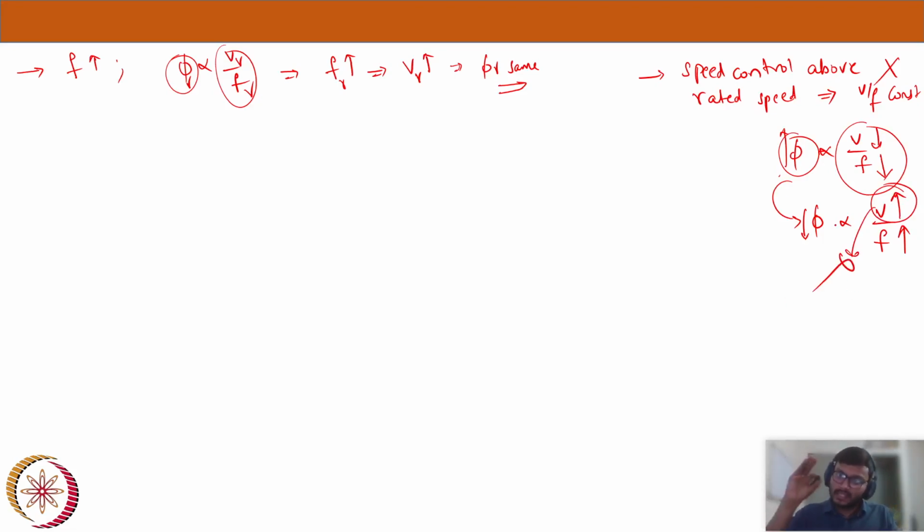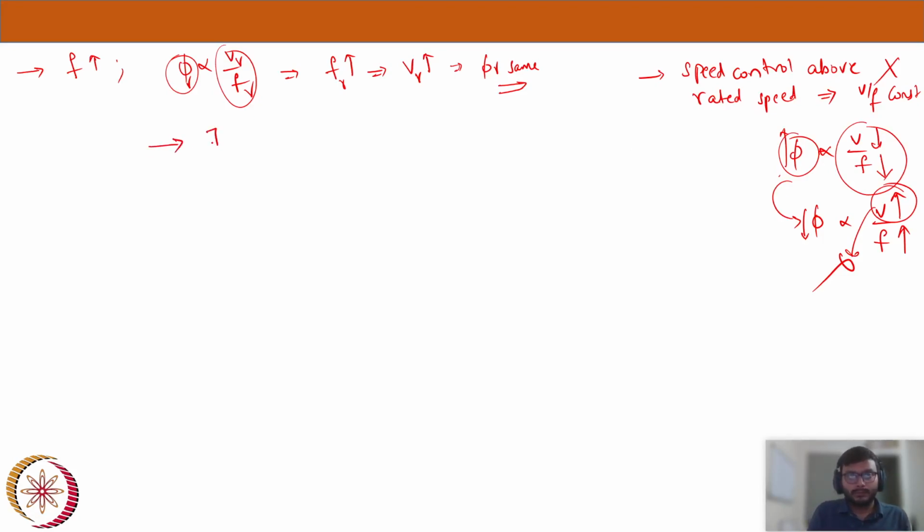So in speed control above rated speeds, we will not maintain V by F constant. Only my flux will decrease, but voltage stays at rated for speeds above rated speeds.